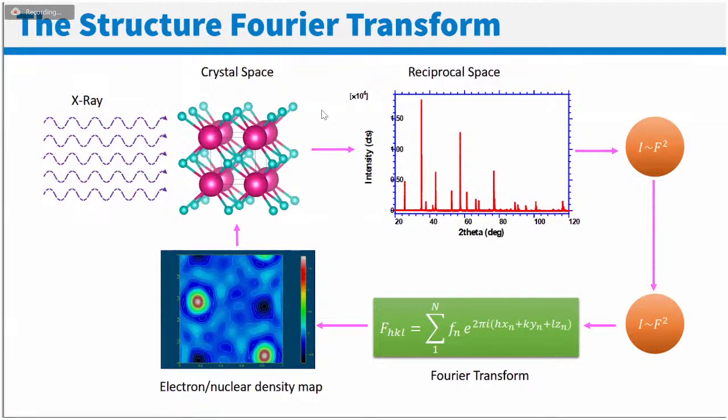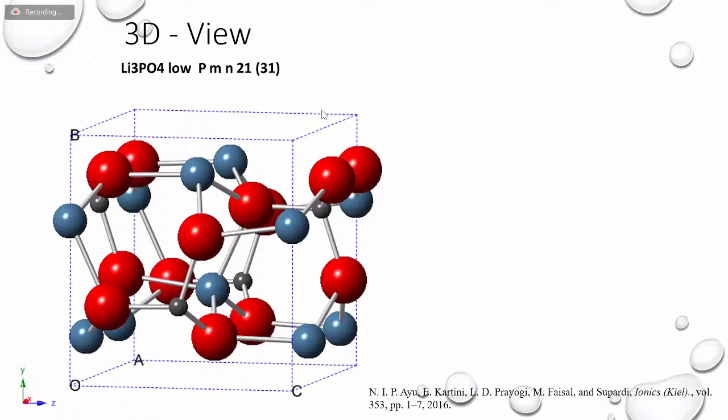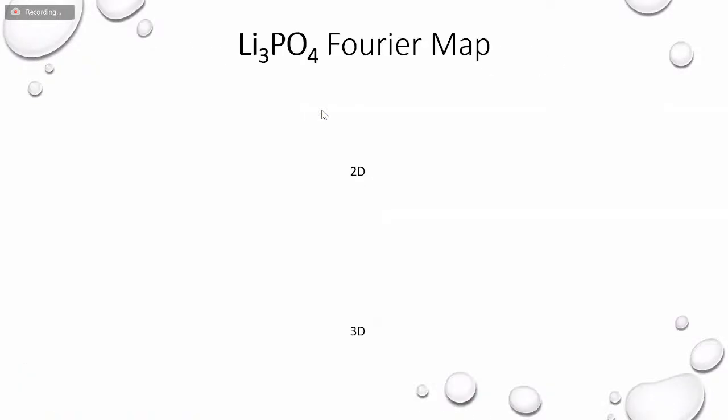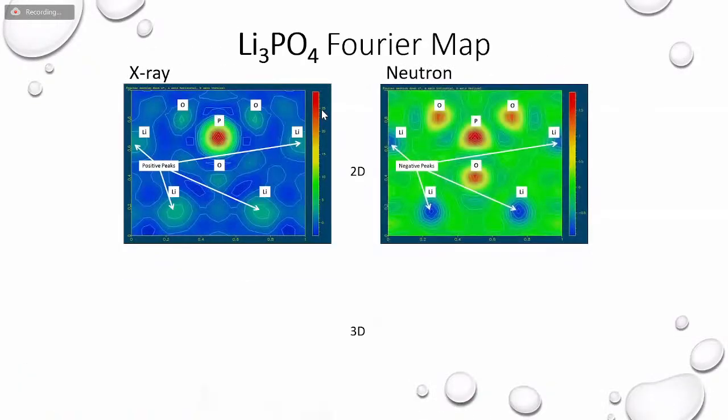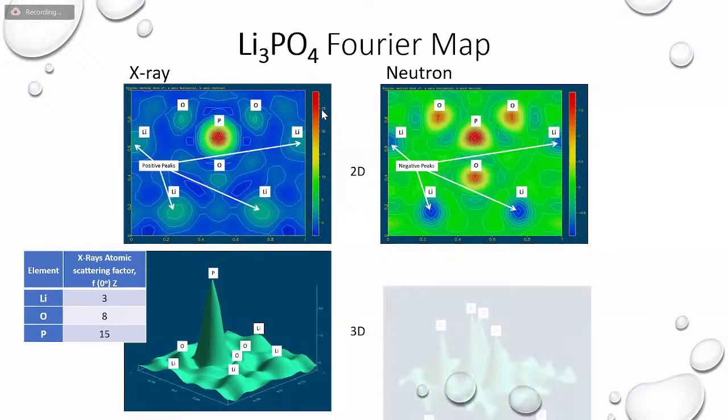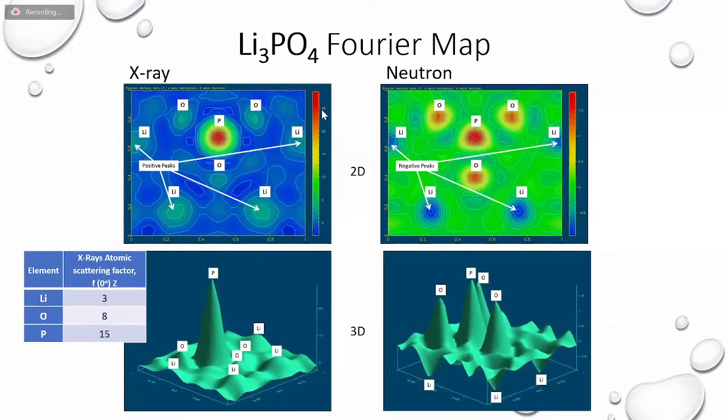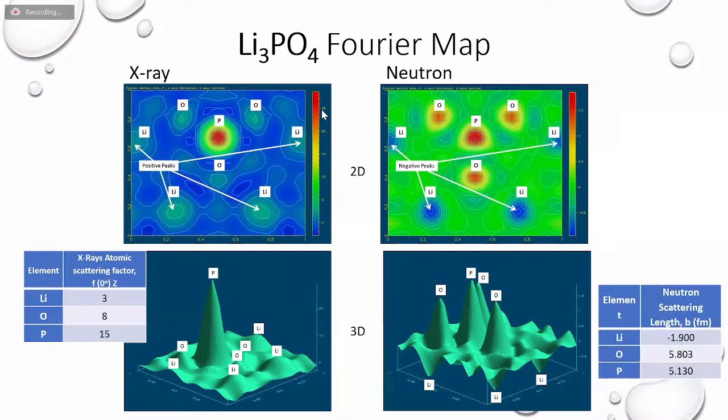So we do the transform, and what we observe is different between the neutron and X-ray. The left side shows the X-ray, which depends on atomic number, but the neutron is neutron scattering, so we know exactly where the lithium is.